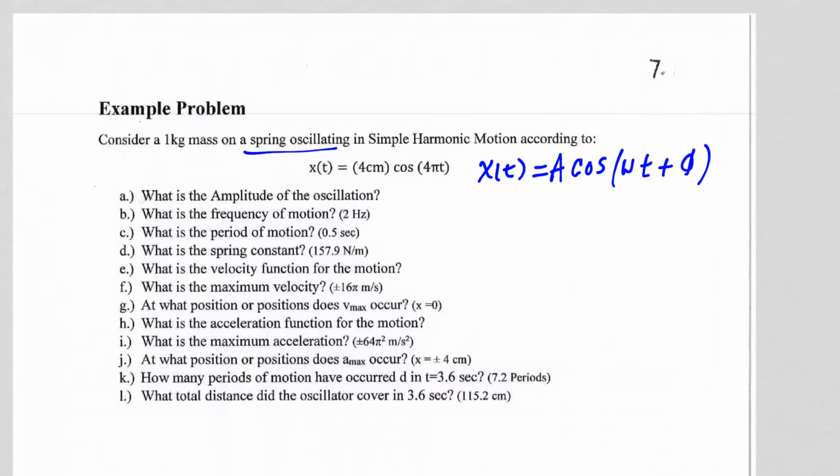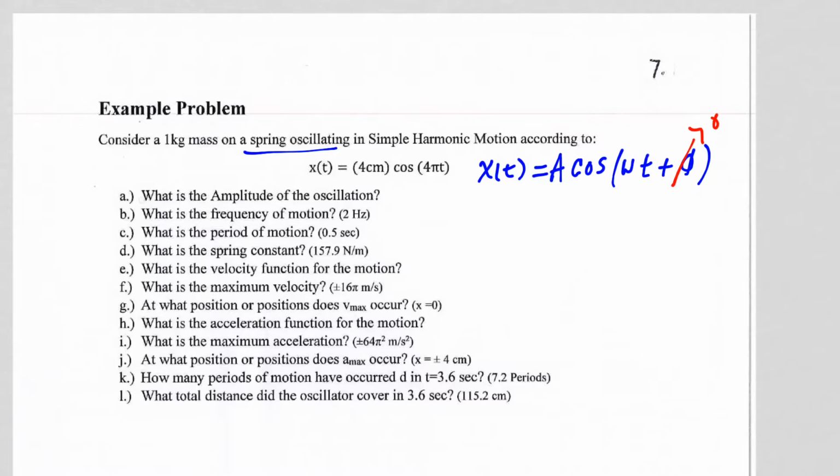Now, notice in this equation there is no phi. They just gave us an omega t, so that's 0. You're always going to want to take whatever function you're given and compare it directly to the generalized form of the solution for the block oscillator.